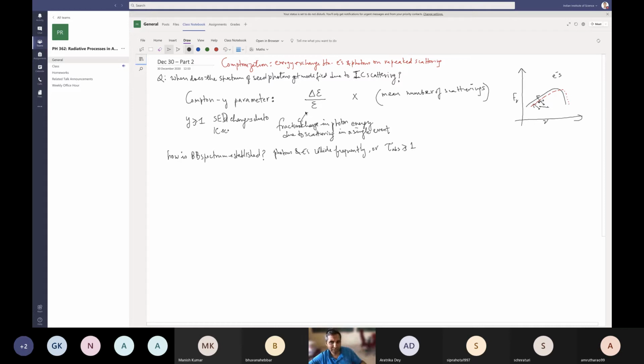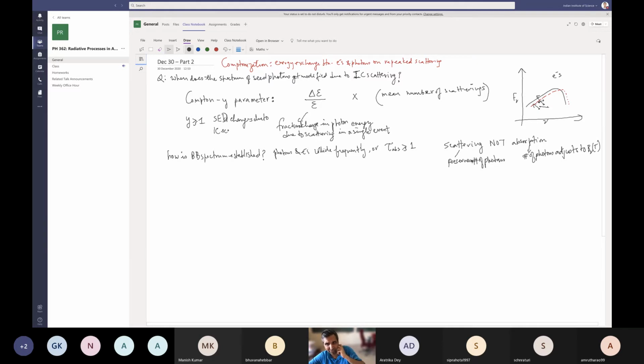Now, it's a similar thing here, except that we are talking about scattering, not absorption. Scattering preserves the number of photons, whereas in a black body, with absorption and emission, the number of photons adjusts to B nu, corresponding to B nu T. Here the number of photons is conserved.